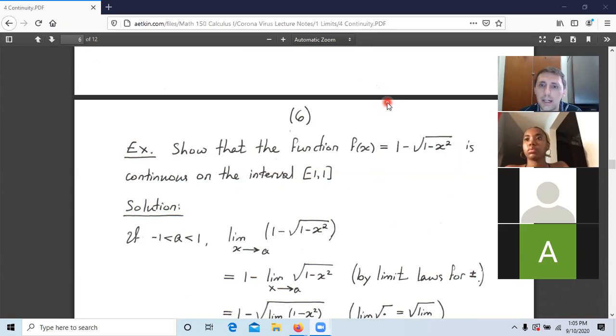Root of 1 minus x squared looks like the upper part of the circle. Because I have a minus, it looks like the lower part of the circle. So it's the lower part of the circle lifted by 1 unit. I can clearly see what the shape is. But in general, you have complicated functions and the graph is very complicated. It's like a string that is twisted in a complicated shape on a flat piece of paper.